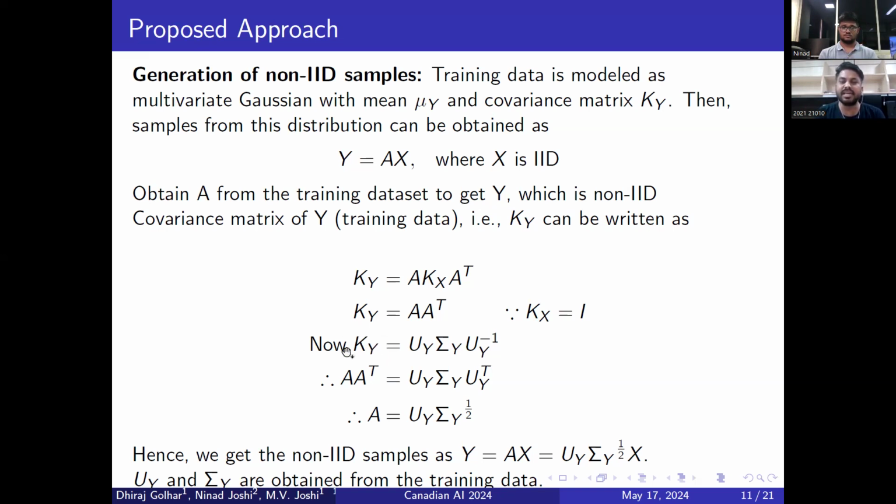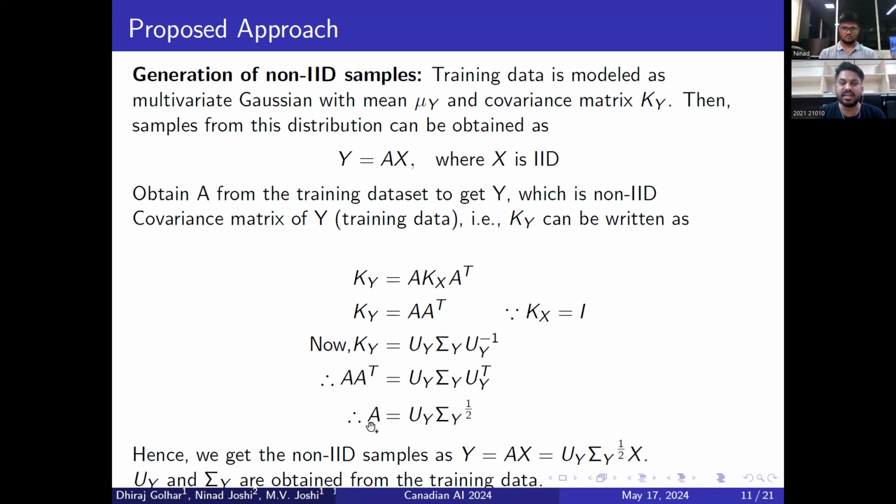But we know that Ky is positive definite, so we can express it as Uy into diagonal matrix Sigma y into Uy inverse. After that, from the above two expressions, we can write A into A transpose equal to Uy into Sigma y into Uy transpose.